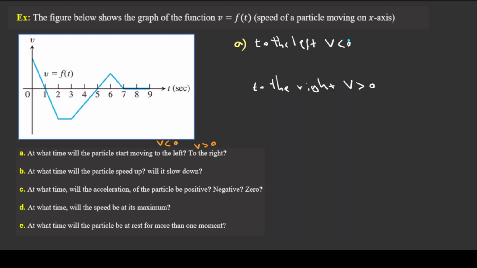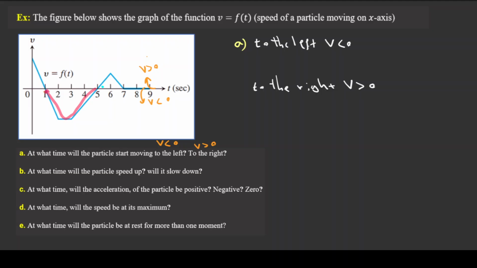When velocity is negative guys, since the graph of velocity is given, it means when velocity is above the x-axis, velocity is positive, because the graph is velocity. And when velocity is under the x-axis, velocity is negative. So velocity is negative, under the x-axis, from 1 to 5.